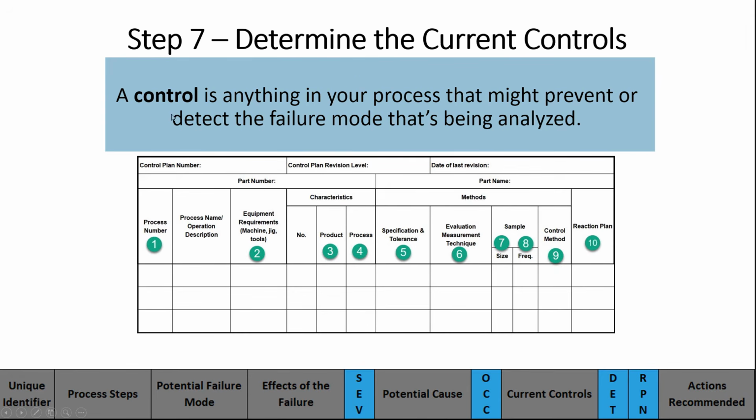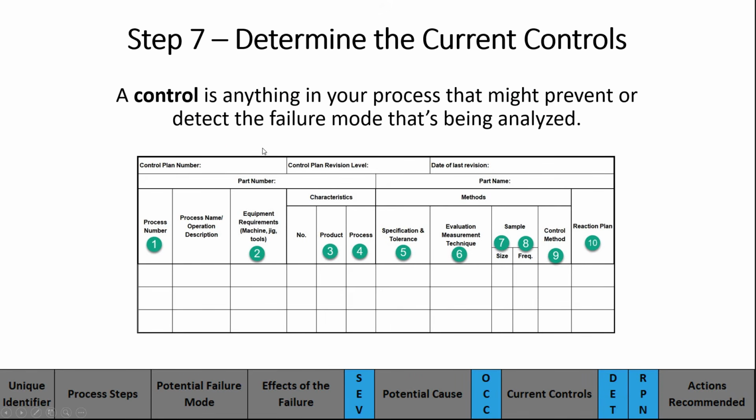A control is anything in your process that might prevent or detect the failure mode being analyzed. Now, what I'm showing here is a control plan. There is a very tight relationship between your PFMEA and your control plan. We create a control plan to monitor and control our process in an effort to mitigate and reduce risk.